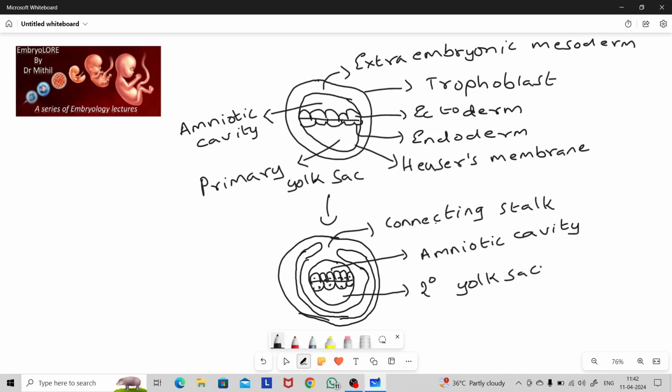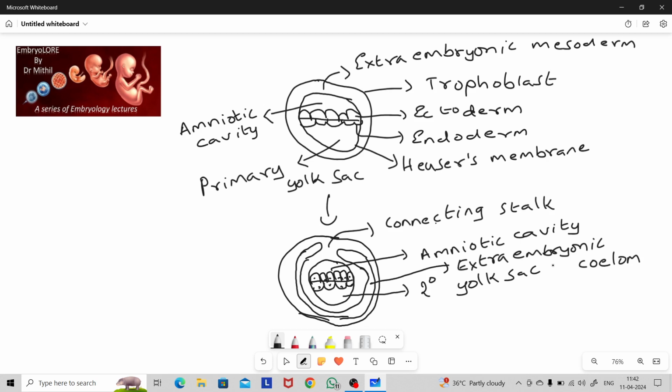One of the two important changes happening in further development: the first one is cavities occurring, forming a structure called the extra embryonic coelom. This extra embryonic coelom happens in the extra embryonic mesoderm, and due to which two different layers of the mesoderm occurred.